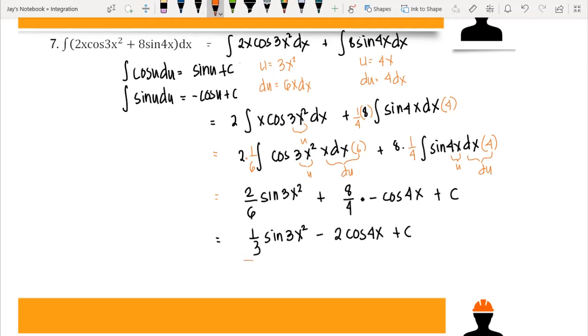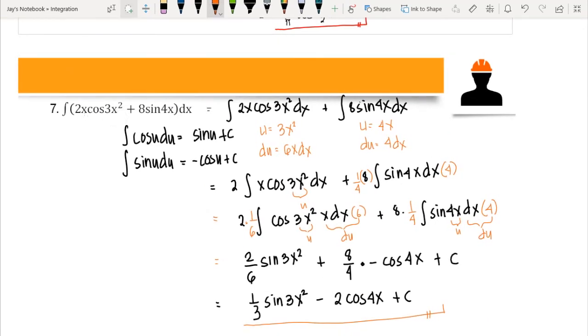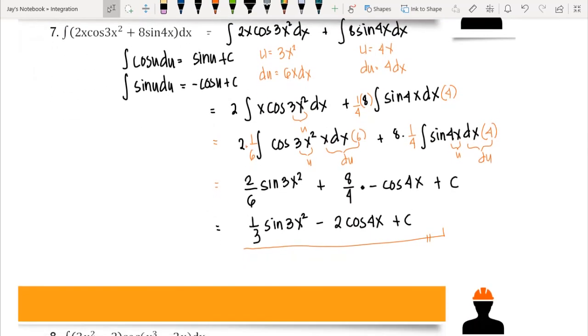This is now the final answer, the integration of 2x cosine 3x squared plus 8 sine 4x dx. So this is the final answer.